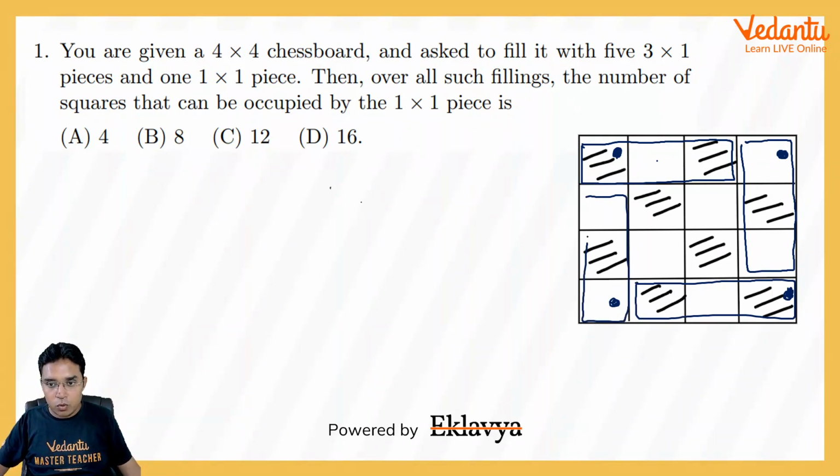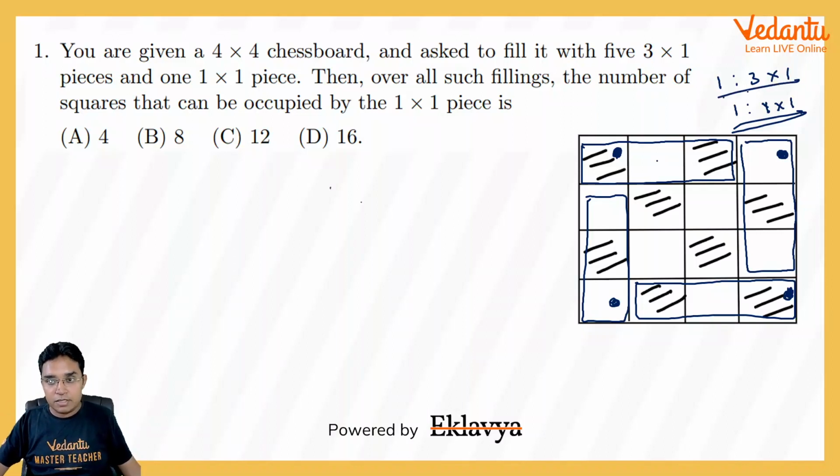But what you notice here is that if we do this, that means I do not put the 1 into 1 piece in these 4 corners, then I will still have one 3 into 1 piece and the 1 into 1 piece. So theoretically you can see I still have sufficient material to cover 4 boxes of this chessboard.